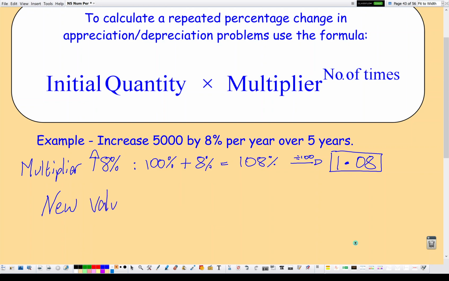So the new value is the initial quantity, 5,000, times the multiplier, 1.08, to the power of how many times. It's 8% per year for 5 years, so this is to the power of 5. So it's the multiplier to the power of 5, not the starting value. If you put that into your calculator, making sure you use a power for the 5, you're there. That's it.